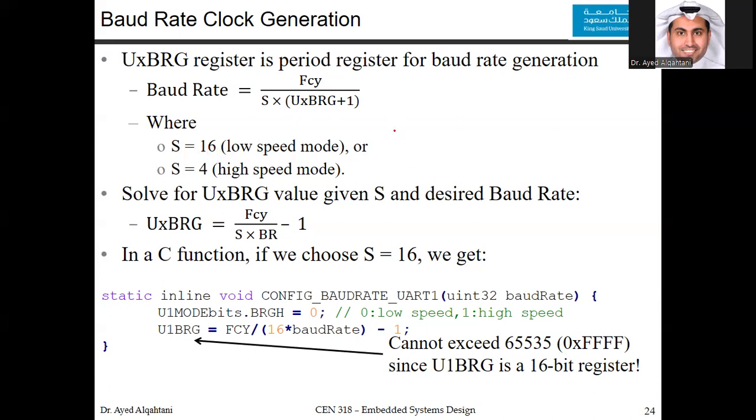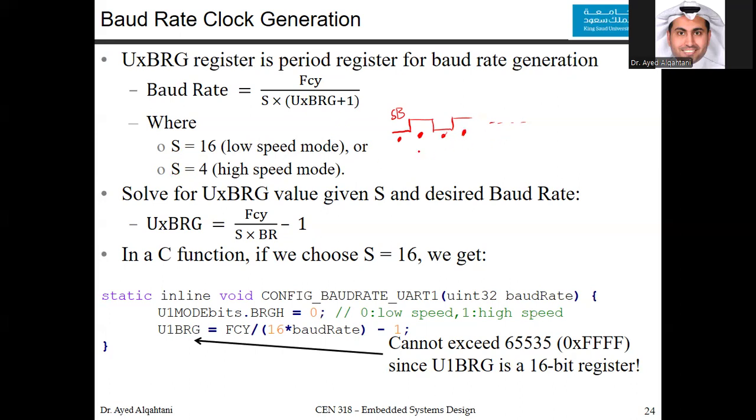if this is the start bit followed by certain data, let's say these are some part of the data, and then the frame continues. That's the start bit. And if S is equal to 16, this means you would need 16 clocks here, and 16 clocks here, 16 clocks here, and so on.